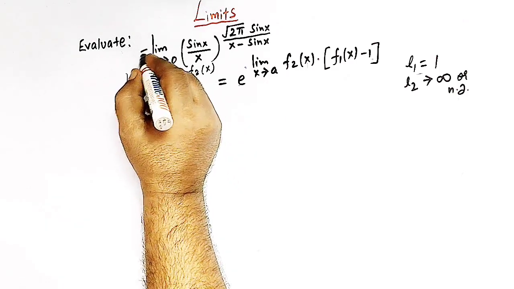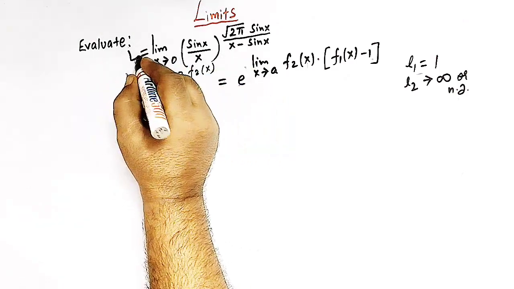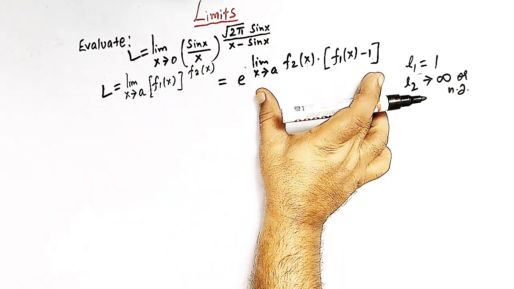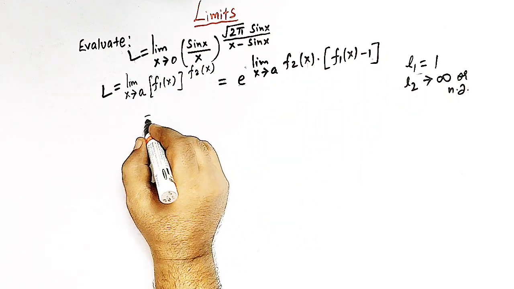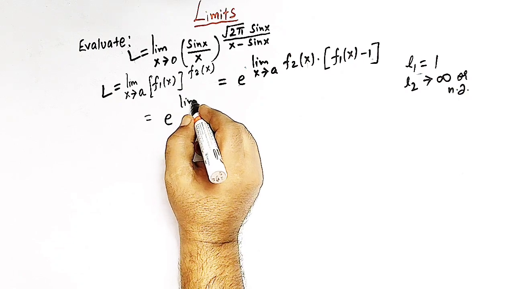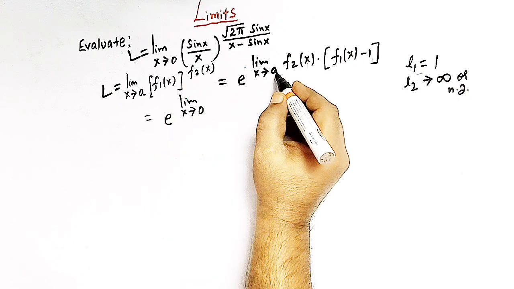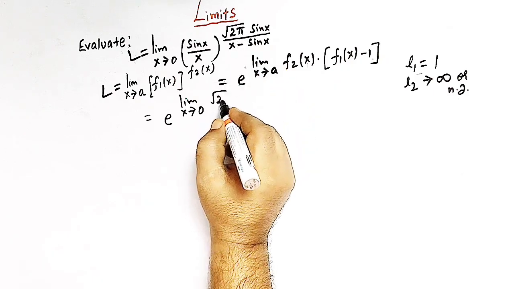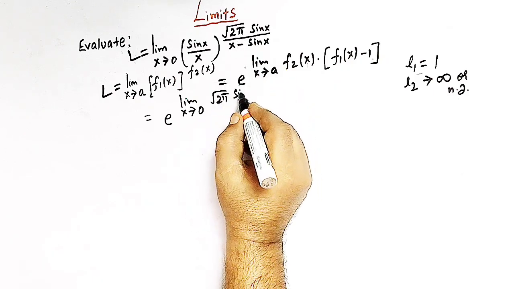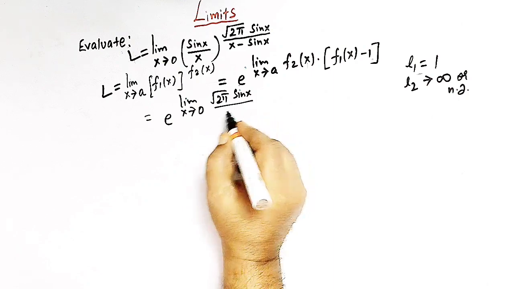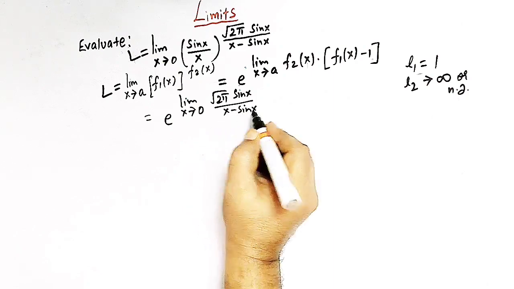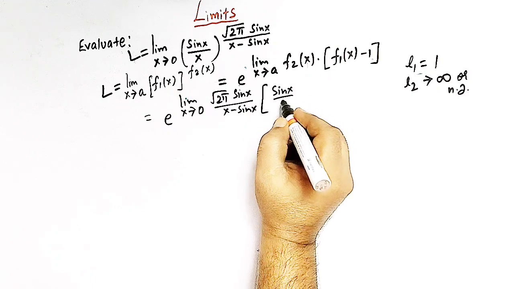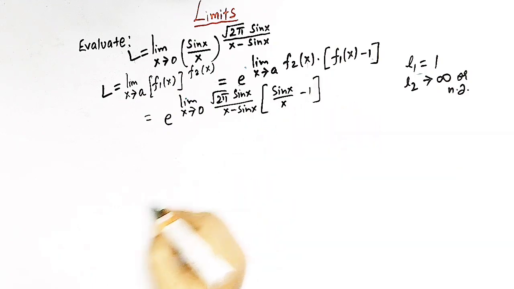So now if we take the value of this limit as L, then L is given by this expression, right? So we have e, and then limit x tends to 0 because a is equal to 0, and f2(x) is given by square root of 2 pi sin x divided by (x minus sin x), and f1(x) is sin x over x minus 1, right?